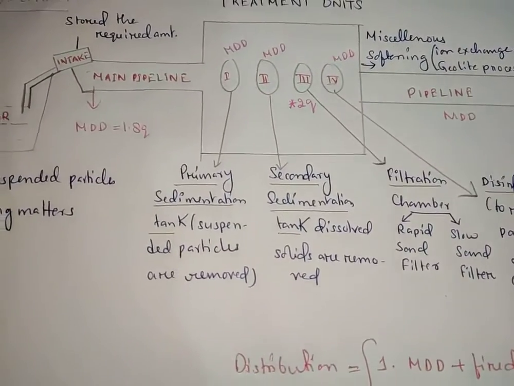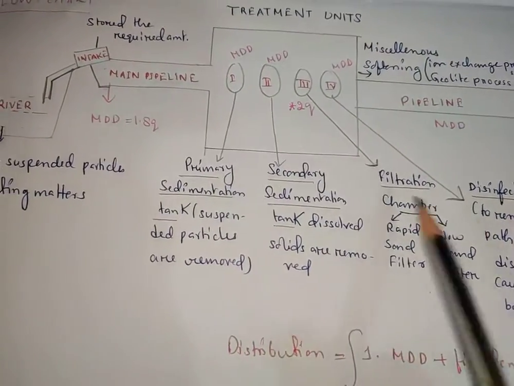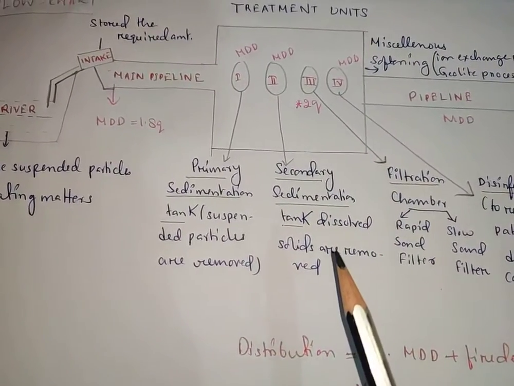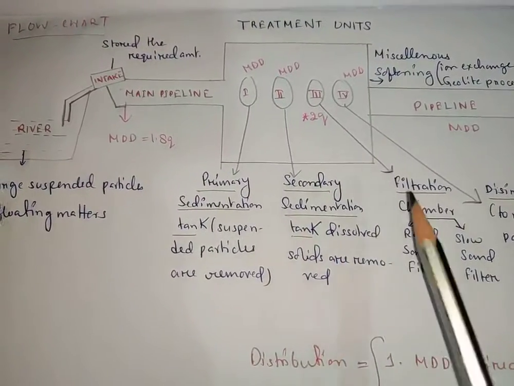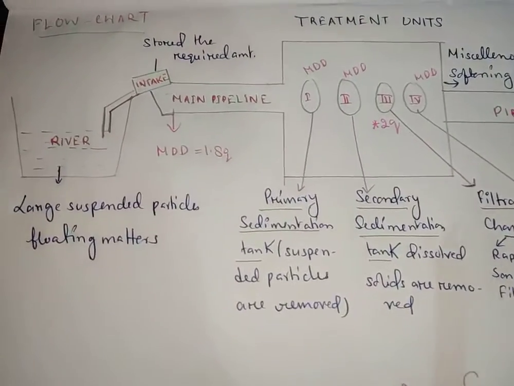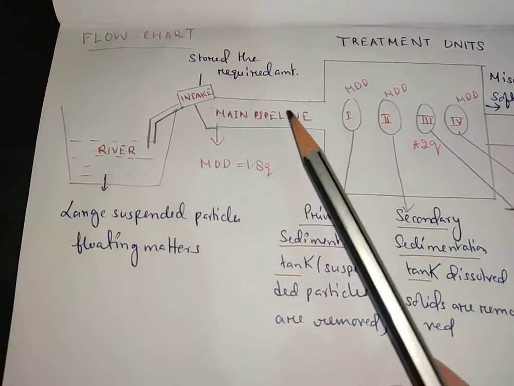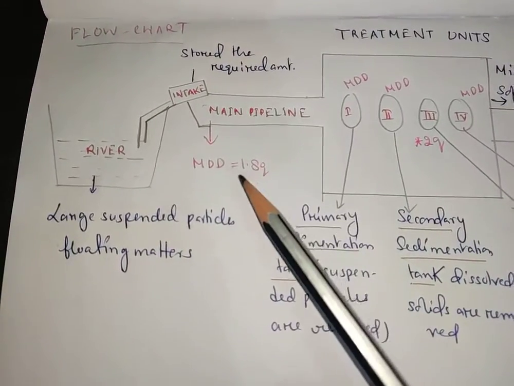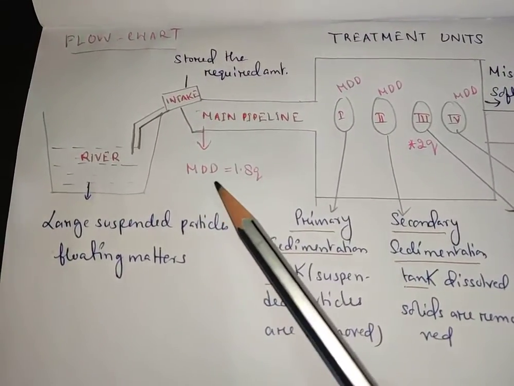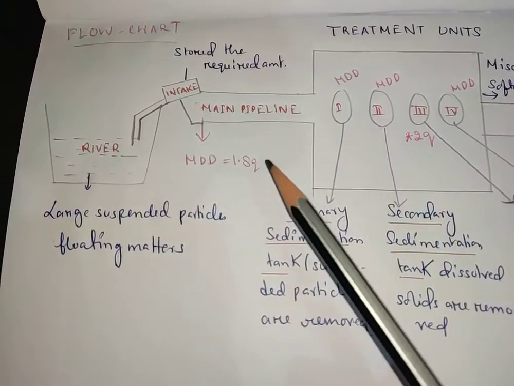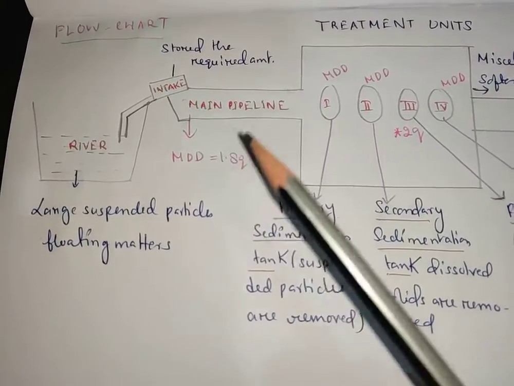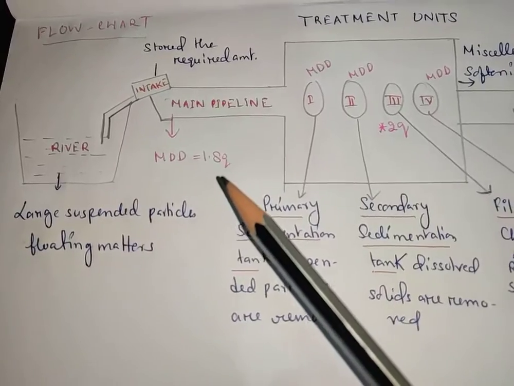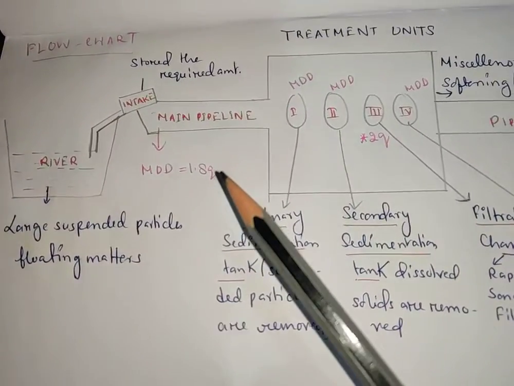Okay, we have to know for how much amount of water these treatment plants are designed. The main pipeline is designed for MDD, that is 1.8 Q, the maximum daily demand.